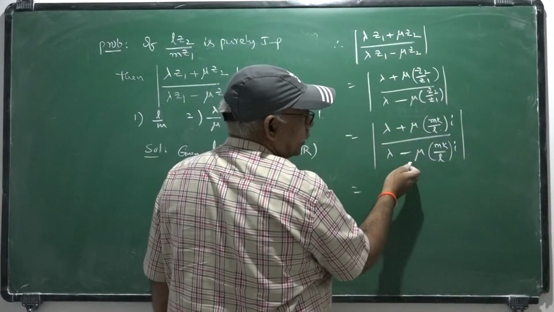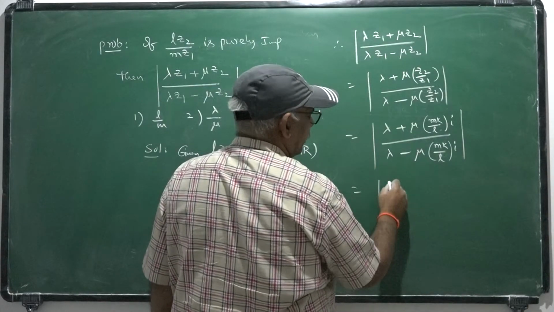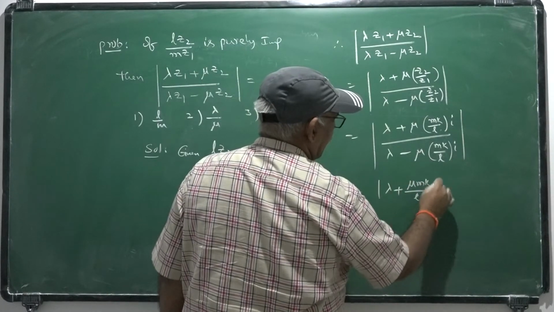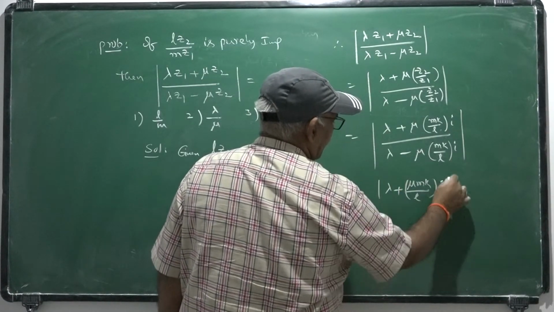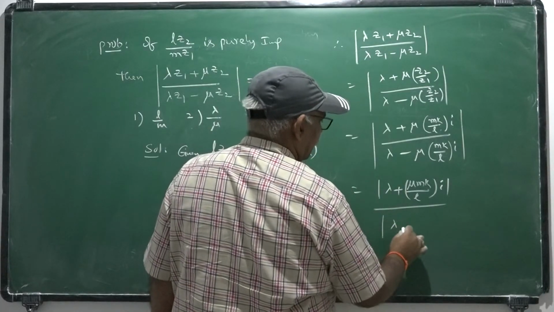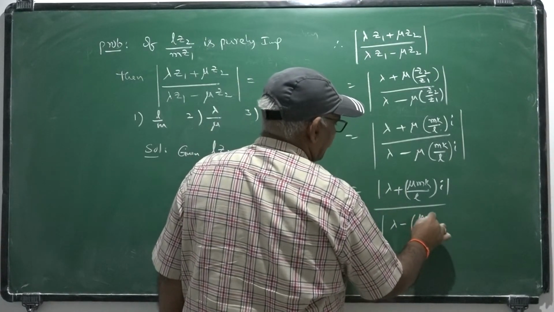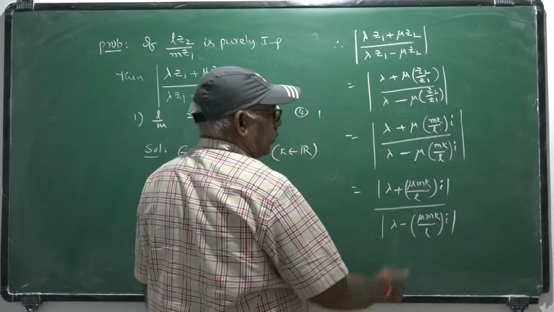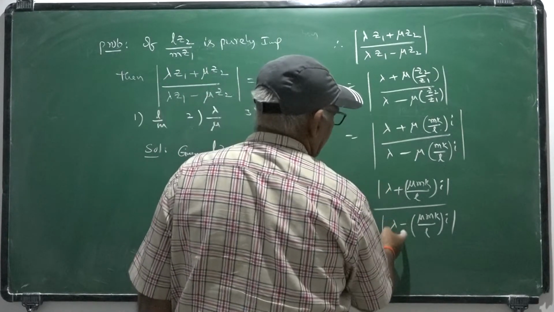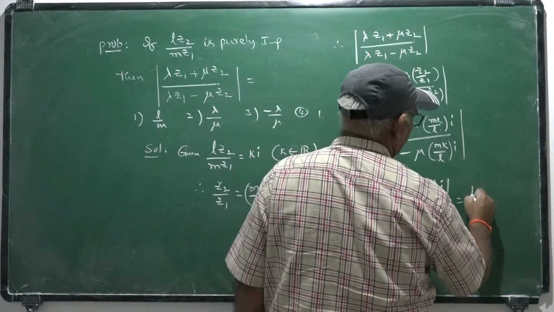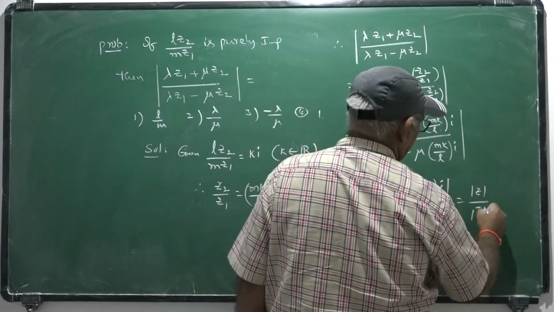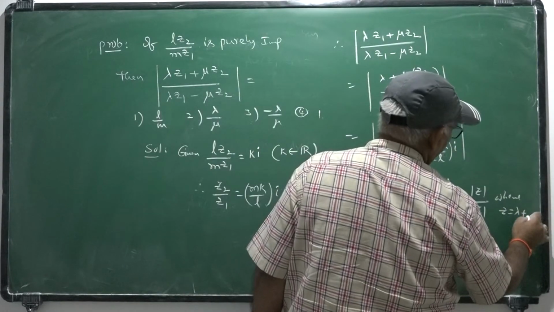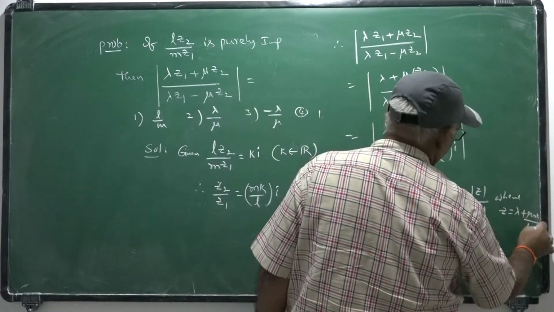But modulus of Z1 by Z2 is modulus of Z1 by modulus of its conjugate. Once you consider this one as Z, this one is mod Z by modulus of Z bar, where Z is lambda plus mu into mu k by lambda into i.